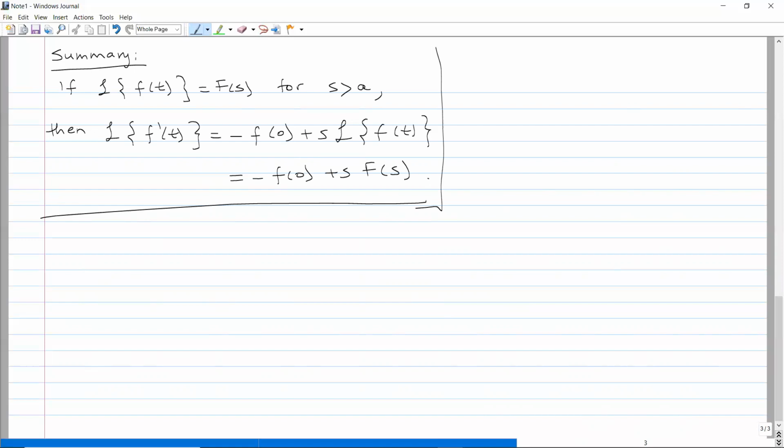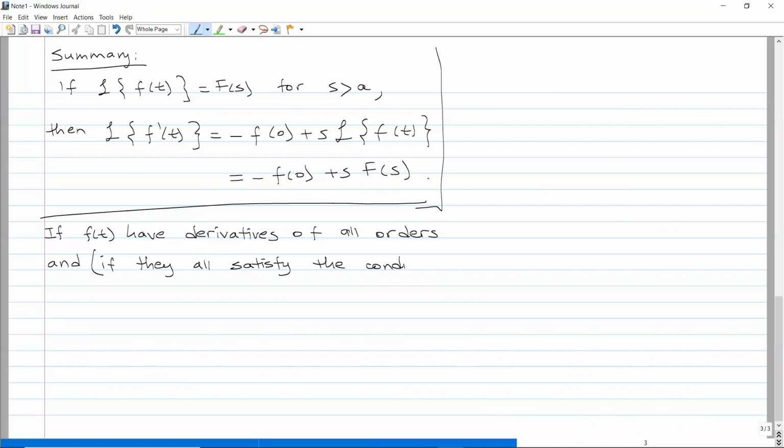So if f of t has derivatives of all orders, and if they all satisfy the condition, absolute value less than or equal to some k times e to the at. Okay, I should put this parenthesis here.